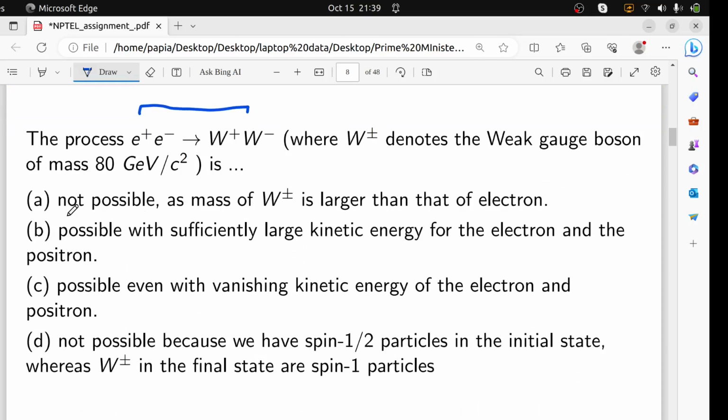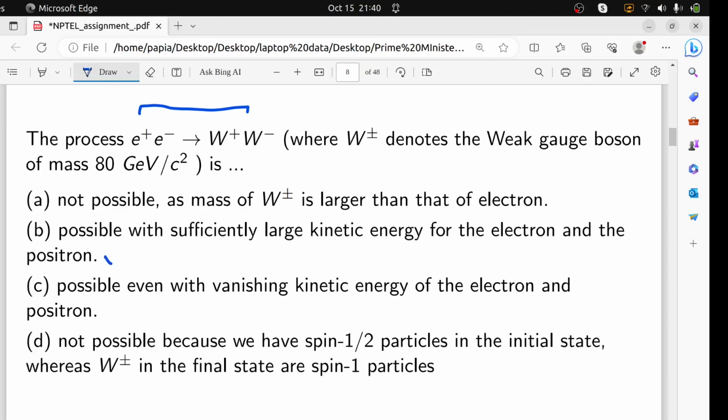Now we are coming to the options again. The first option was not possible as the mass of W+- is larger than that of the electron, but that is in the case of the rest frame. If e+ and e- are not at rest, then e+ e- going to W+ W- can be possible. Whatever is written here would be possible with sufficiently large kinetic energy for the electron and the positron.